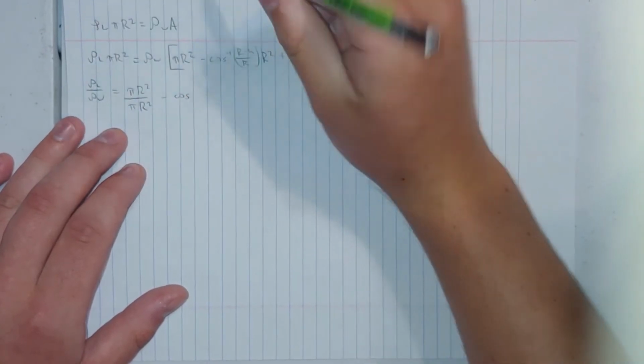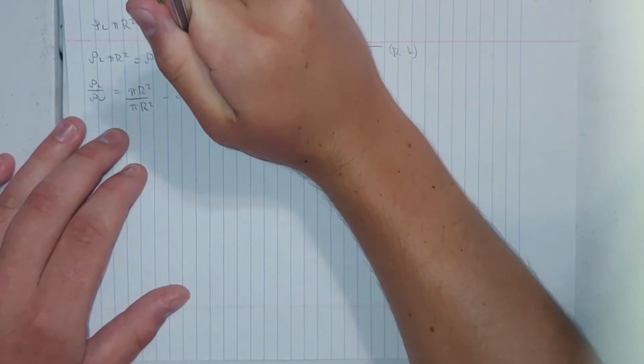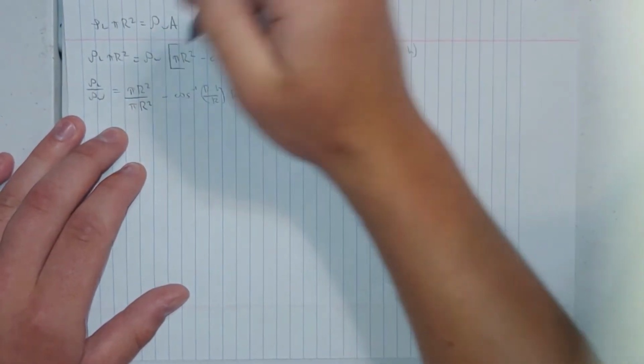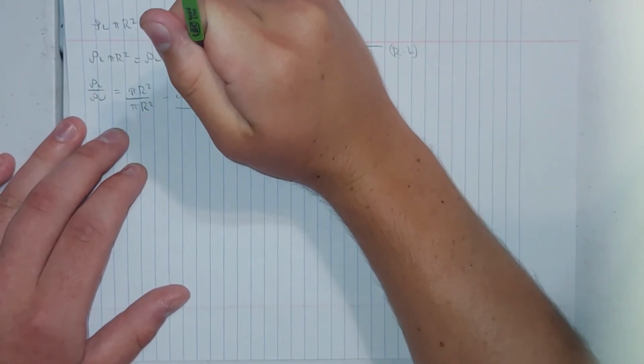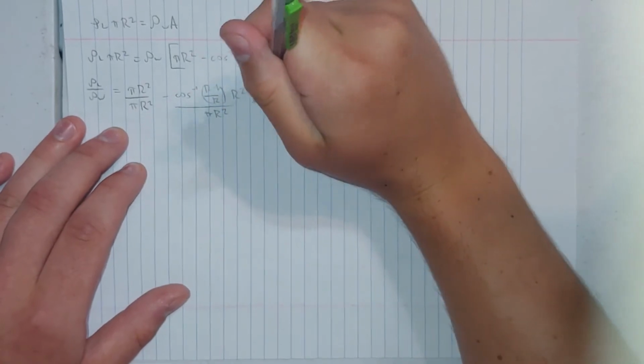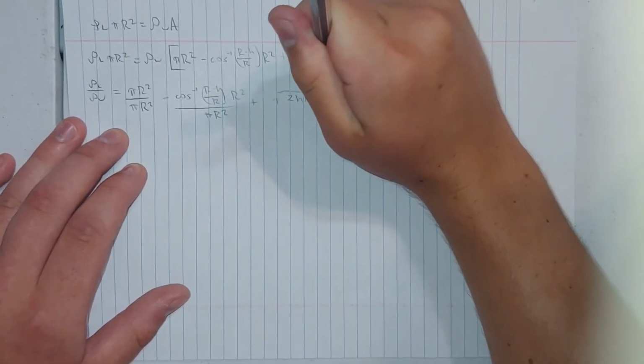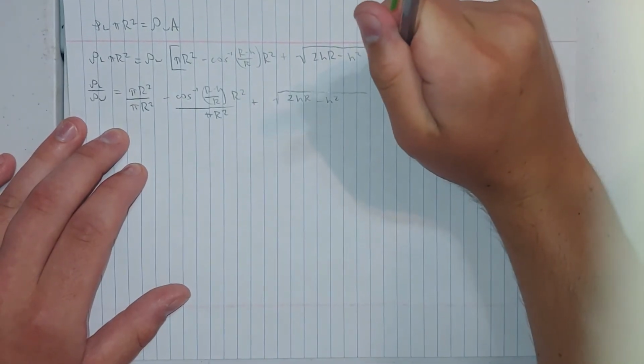So we have our pi r squared term, we have our cosine term, finally we have our square root term.